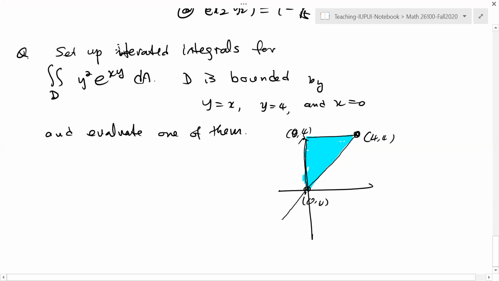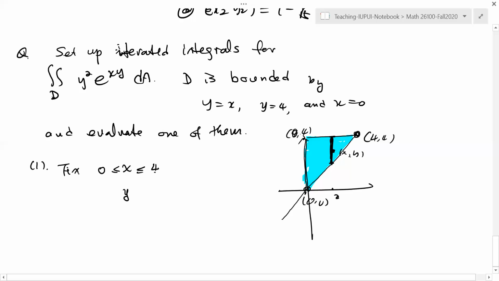Now you're going to evaluate this double integral over this domain using iterative integrals. So the first case, you fix x. Fix the x, then you will see the y value changes, right? So fix the x, you draw the vertical line, and you want to give the range for the y value of the points on it.